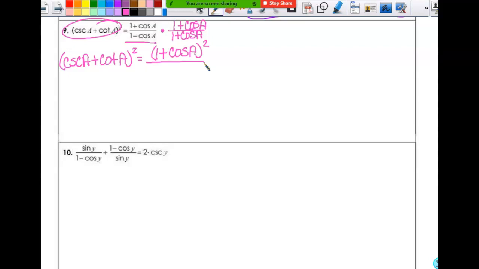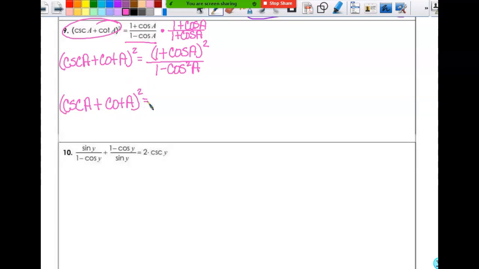Difference of squares, which means on that one, instead of writing it out as these two things being multiplied, I'm going to go ahead and do that, and that is 1 minus cosine squared A. Recognize them because they're easy and you can use them nicely. So now I'm going to rewrite the left-hand side, cosecant A plus cotangent A squared.